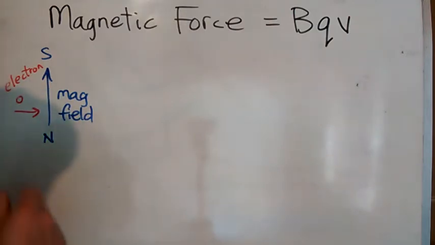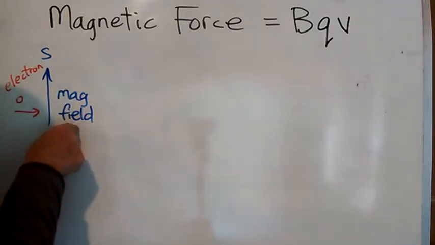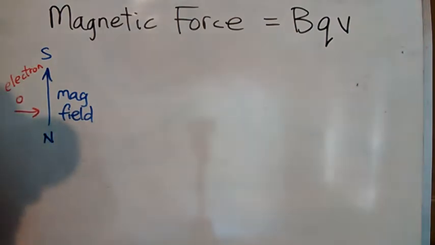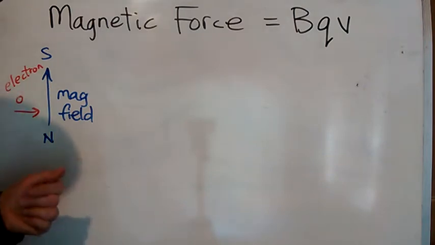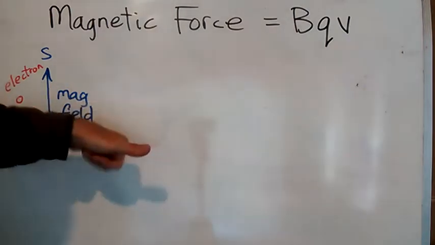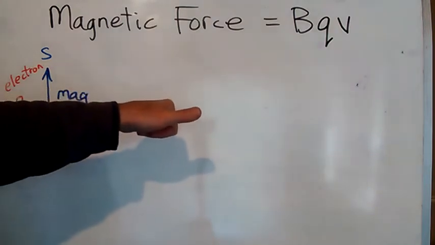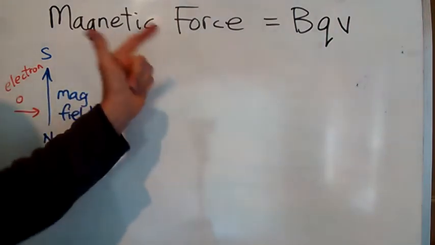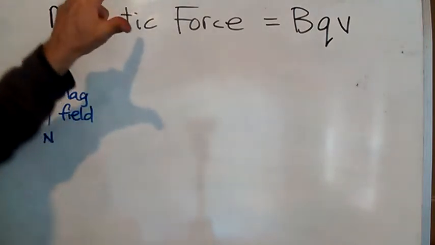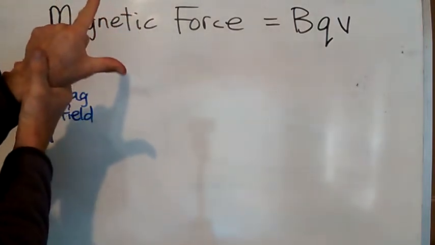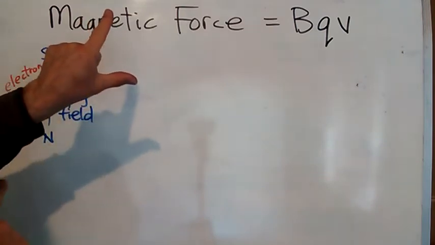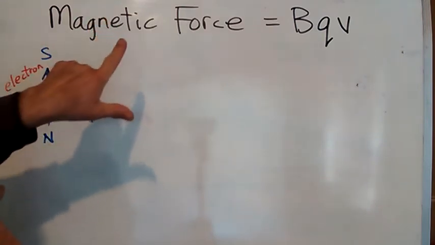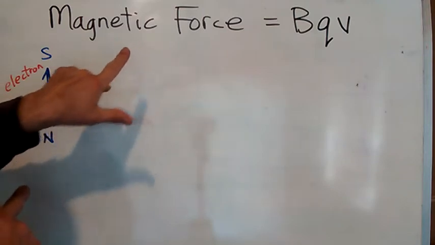The force, the magnetic field, and the electron direction have to be mutually perpendicular, and they follow something called a left-hand rule. So I'll give you an example. If you have the electron moving in that direction and the magnetic field pointing up, that will cause the electron to get pushed into the board.